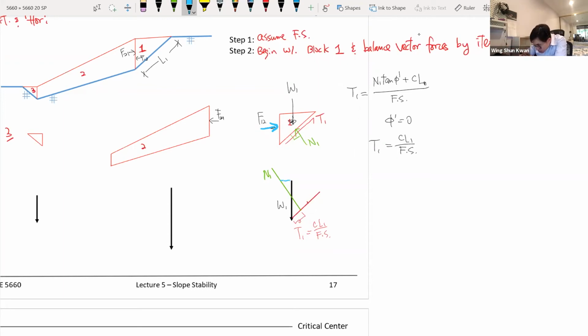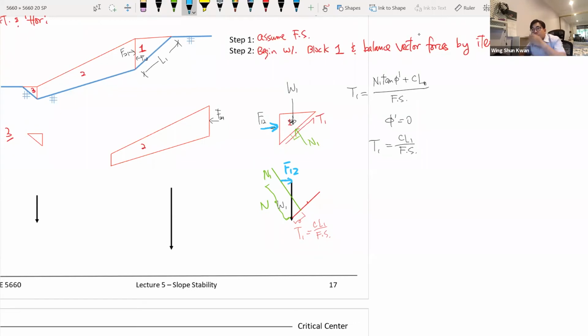So this one must close here. With this, it helps you calculate the amount of N2. So here is the amount of N, right? And with this method, you can also find out F12.